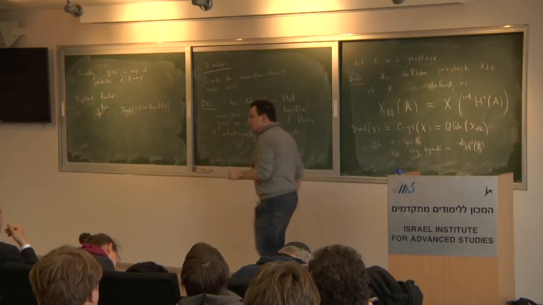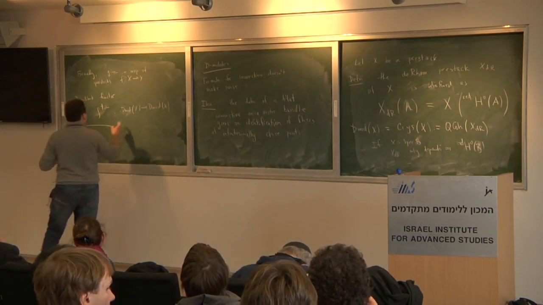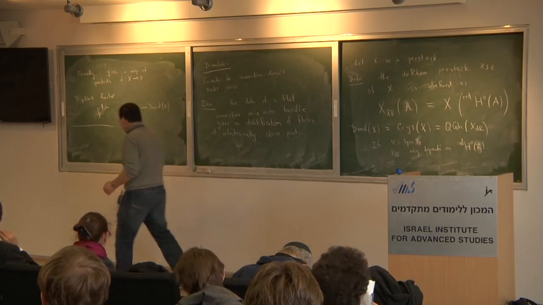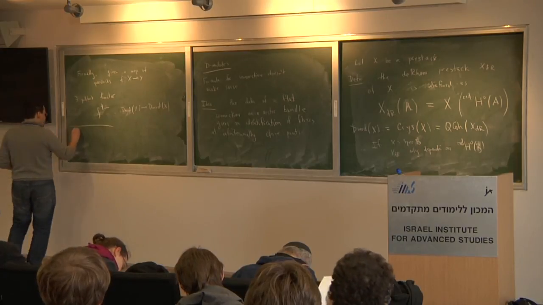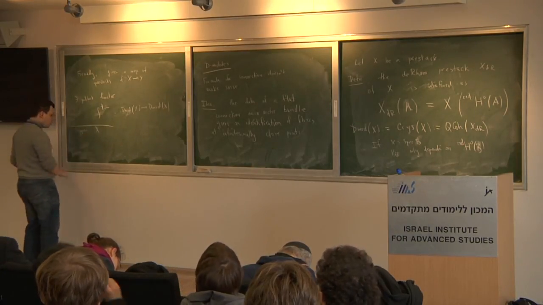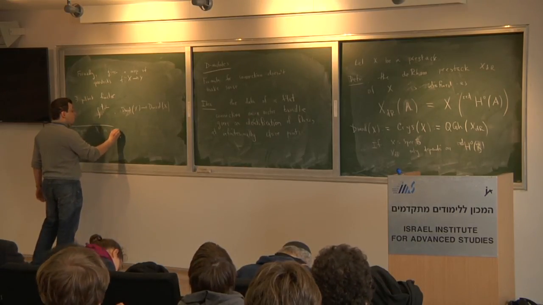Now, in the remaining two minutes, let me try to explain why this indeed has something to do with D-modules. So suppose X is a smooth variety, an ordinary smooth variety.